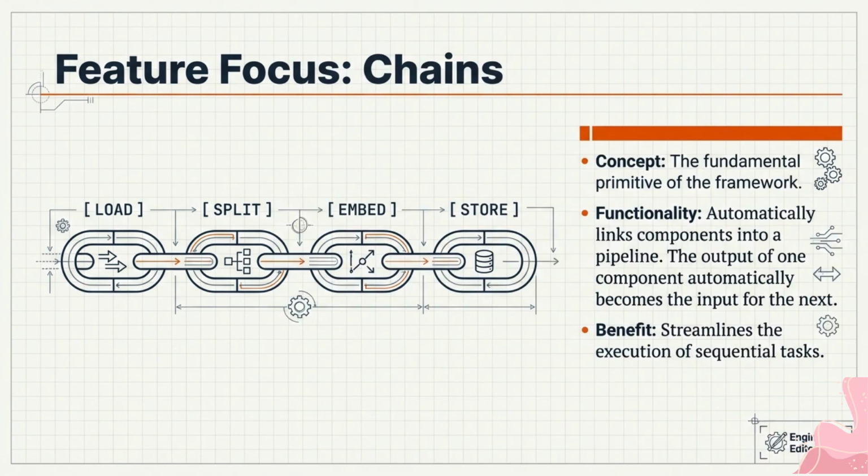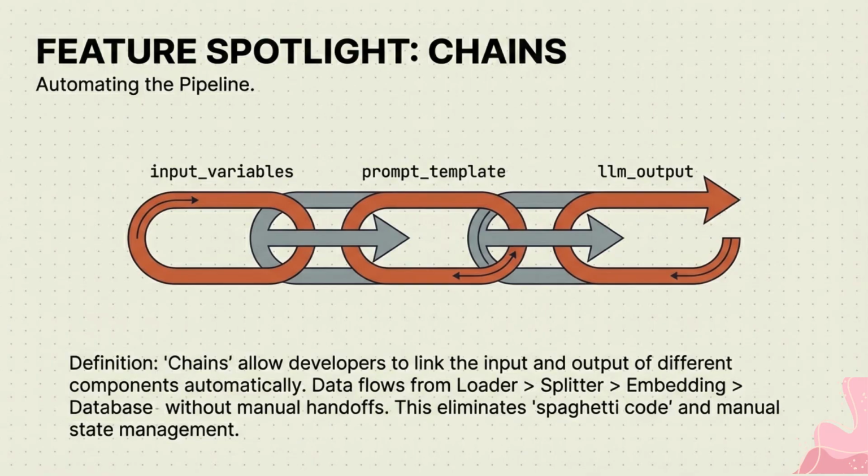Core concept: chains. Look at this. Load, to split, to embed, to store. Each link is one operation. Chains are sequential operations. Data flows step by step. Functionality: output of one automatically becomes input for the next.